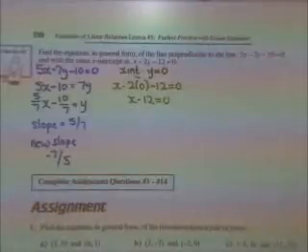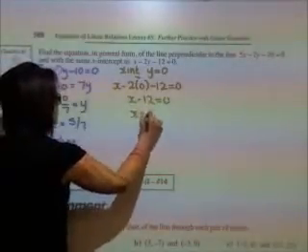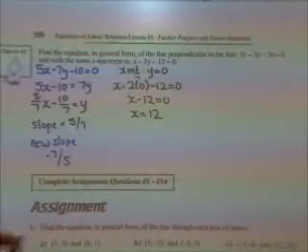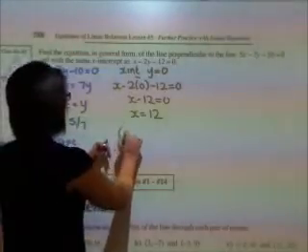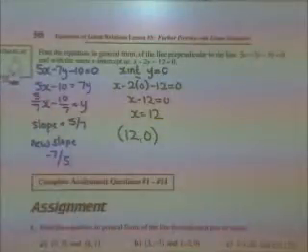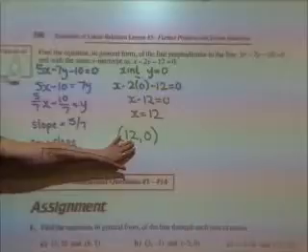So it's not x minus a minus 12, it's x minus 12. Move the 12 over, and I get x equals 12. So now what I have is I have a point on the line, 12 and 0.